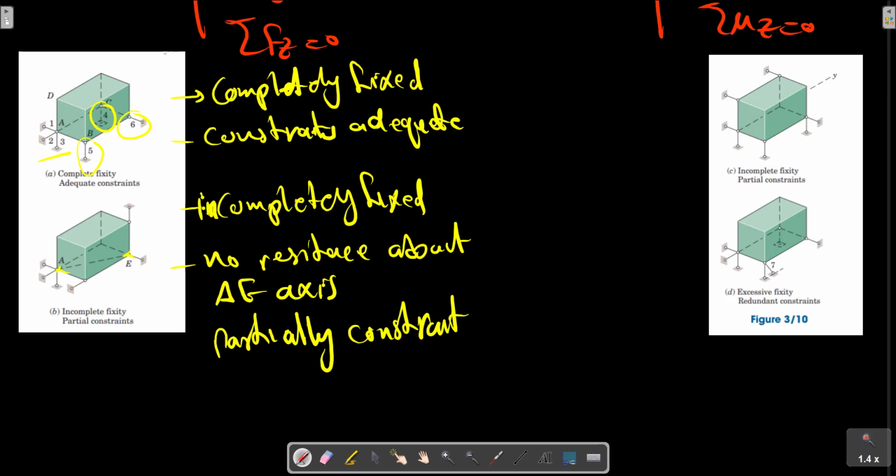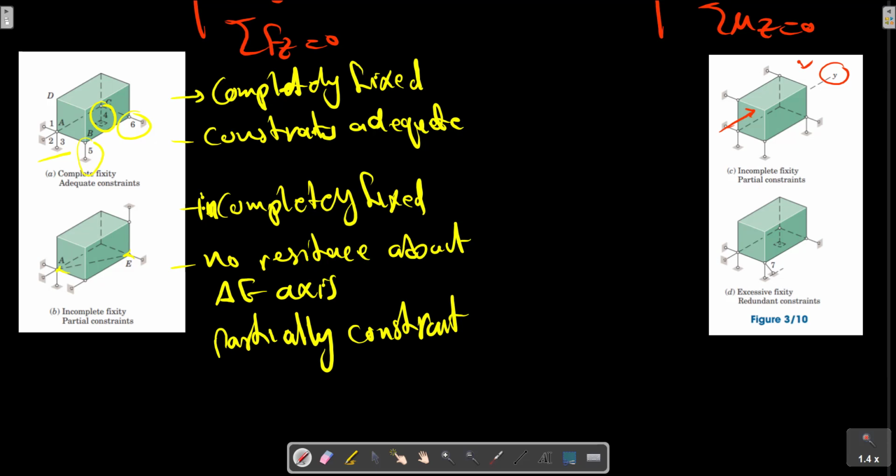Similarly, in another figure here, this picture, the constraint provides no resistance to an unbalanced force in the y direction. The y direction is in this case. So if we push this, we make a force here, we can see that there is no resistance along this axis.